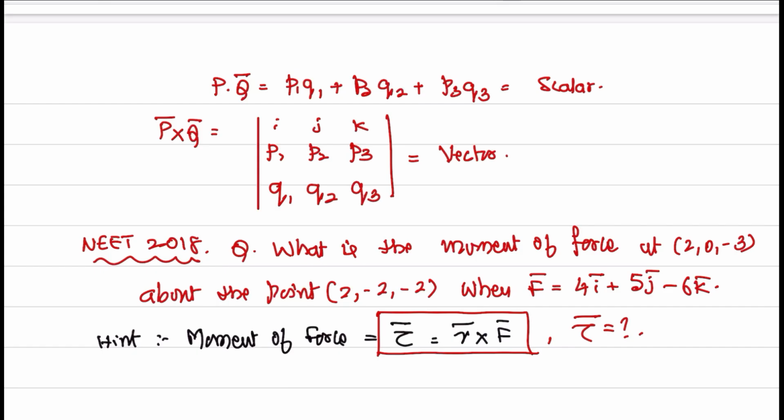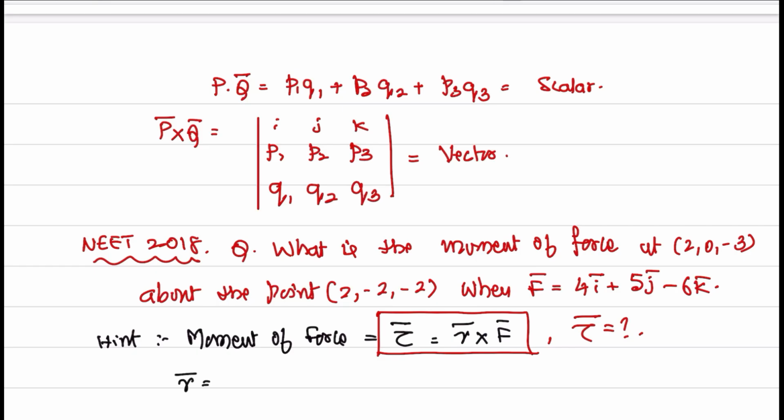F is given to you in the vector and R bar cross F bar. The order you never change. Don't change the order. Here what is R bar? That also hint I will give you.